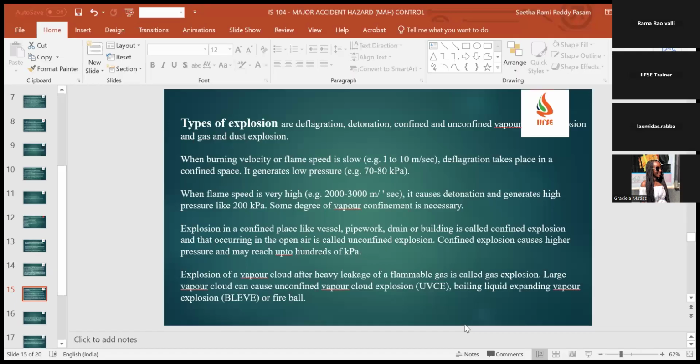These are a bit more dangerous than unconfined explosions. The explosion of a vapor cloud after a heavy leakage of any flammable gas is also called a gas explosion. A large vapor cloud can cause an unconfined vapor cloud explosion, and boiling liquid expanding vapor explosions, or fireball. So these are the different types of explosions that can happen in confined or unconfined spaces.